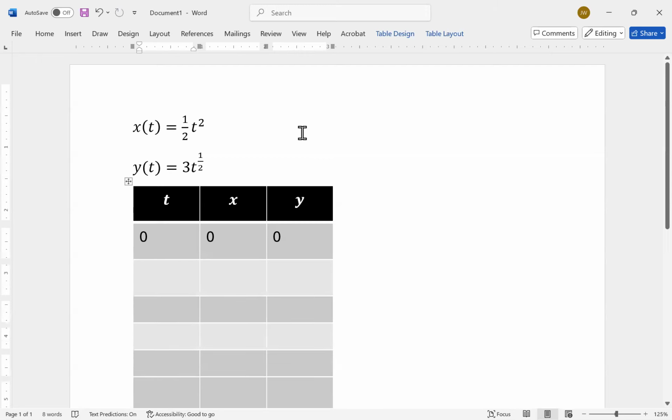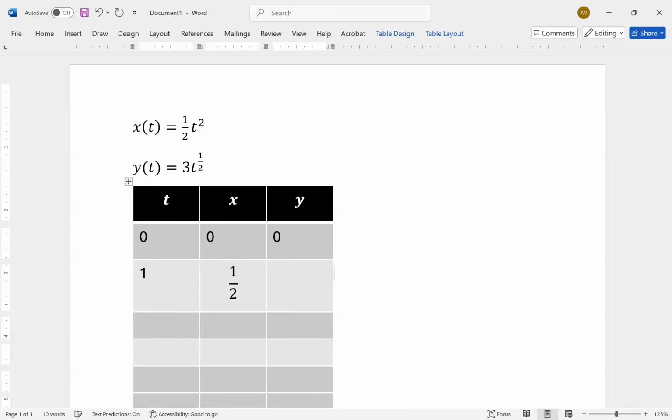We're at the point 0, 0. And then you can start plugging in any other number. So if you plug in a t of 1, for instance, the x value is going to be 1/2 times 1 squared based on this equation. So we're going to get 1/2 for the x value. The y value is going to be 3 times 1 to the 1/2 power, which is just 3.